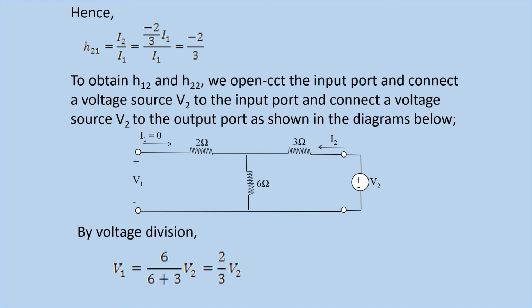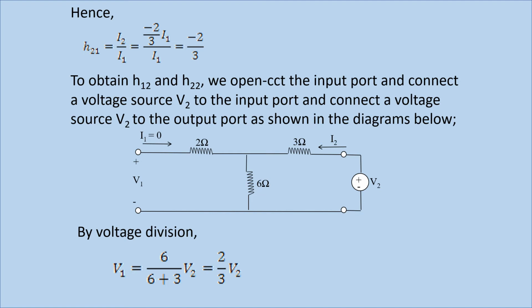When our current source equals 0, remember I1 is the current flowing through the 2 ohm resistor, and if 0 is flowing through, that means the 2 ohm resistor is effectively off. So to calculate our V1 using the voltage divider principle, V1 is the voltage across the 6 ohm resistor.